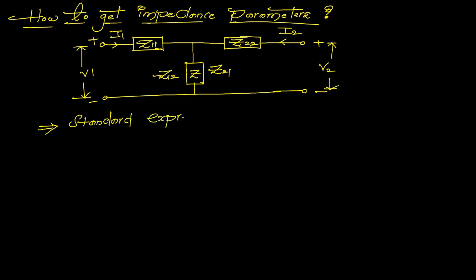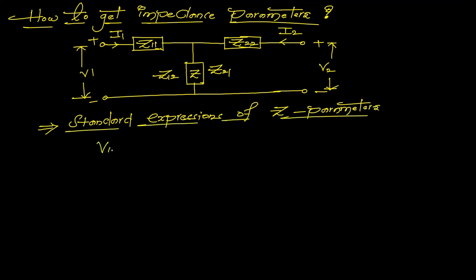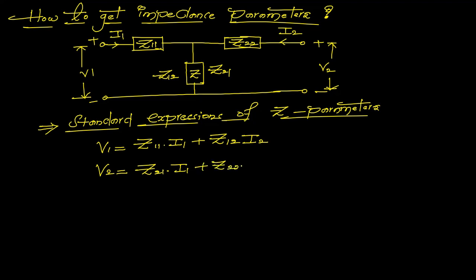The standard expressions of Z parameters are given by V1 is equal to Z11 into I1 plus Z12 into I2, and V2 is equal to Z21 I1 plus Z22 I2. Assume this is equation number 1 and this is equation number 2.